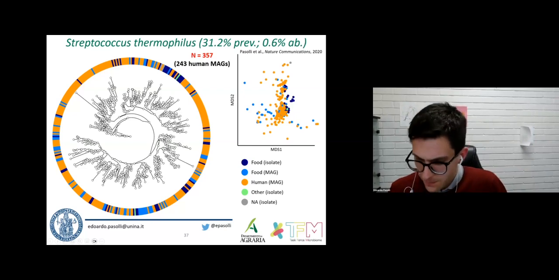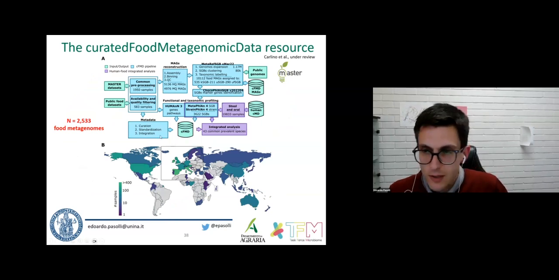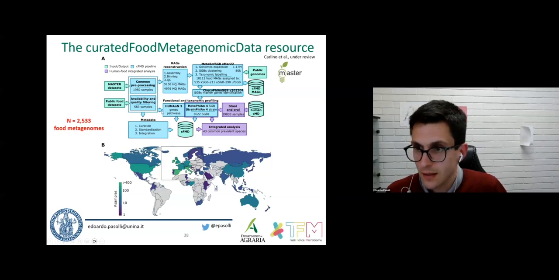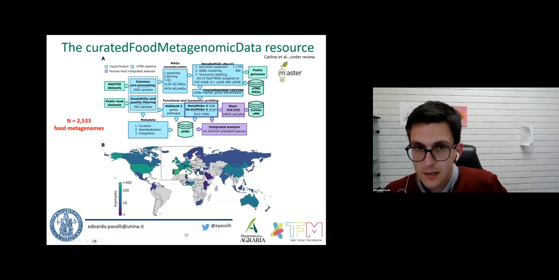in the human gut. And now we are moving to a larger characterization of the food microbiome, and also trying to link it with the human microbiome. And so this was one of the efforts in the MASTER project funded by the European Commission.